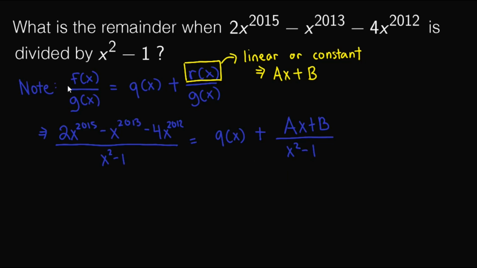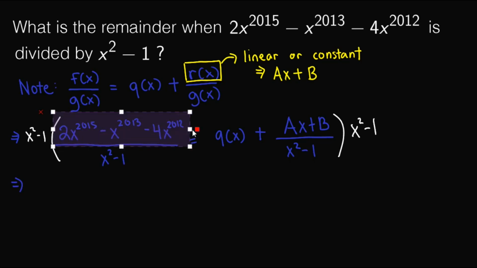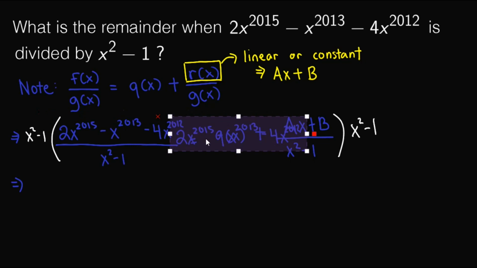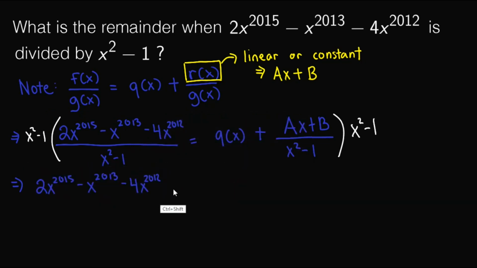Now I'll multiply both sides by x squared minus 1 to remove the denominators. This is equal to x squared minus 1 times q(x) plus ax plus b.